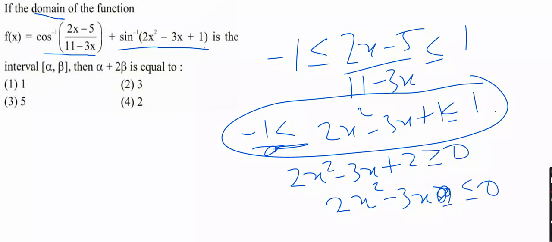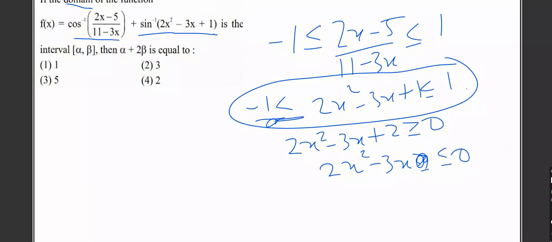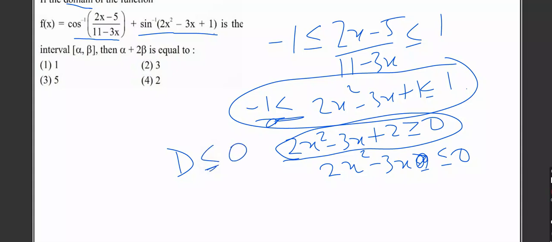Now moving on, this particular equation, if you look at the discriminant of this quadratic, D will be 9 minus 16, so less than 0. Less than 0 means this expression will always be positive. So we don't need to worry about this.